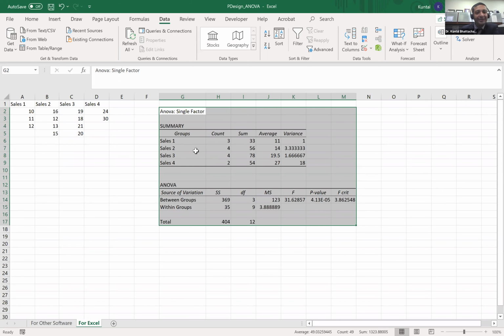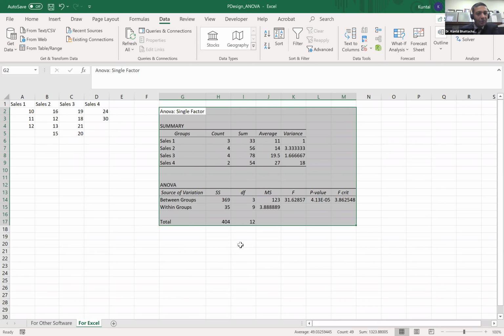As you can see, there were 3 stores with package design 1 sales: their sum, their average, their variance. These are exactly the same numbers that we saw in the workbook. And then it provides an analysis of variance in terms of between and within groups.